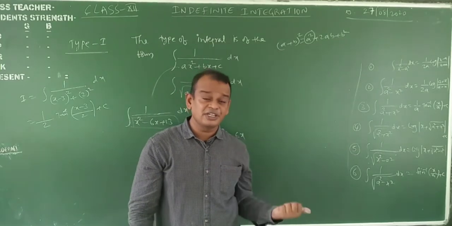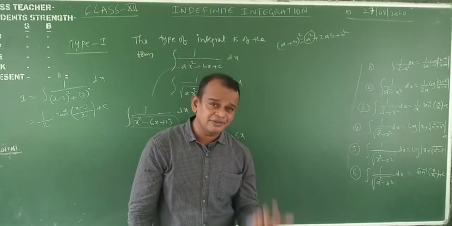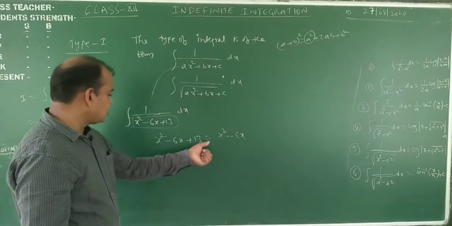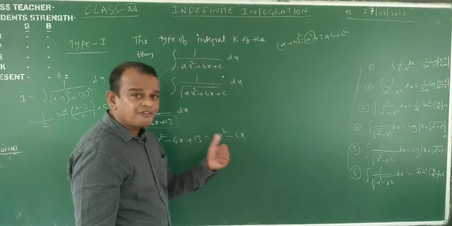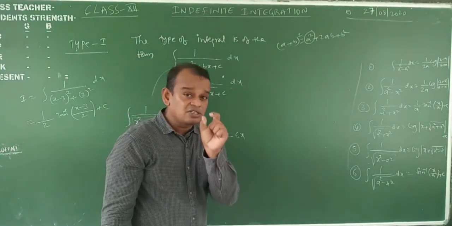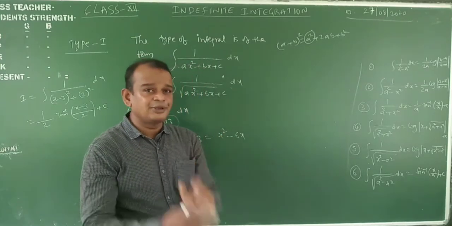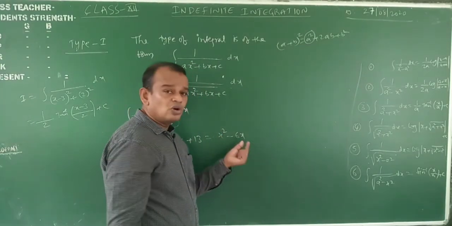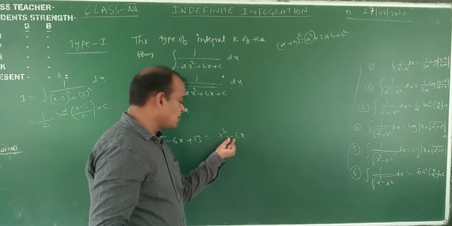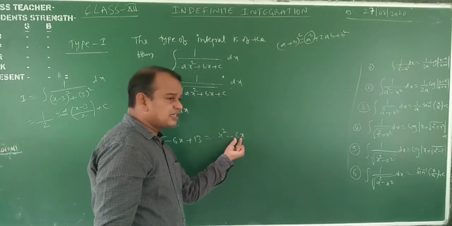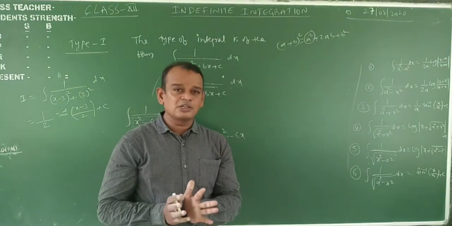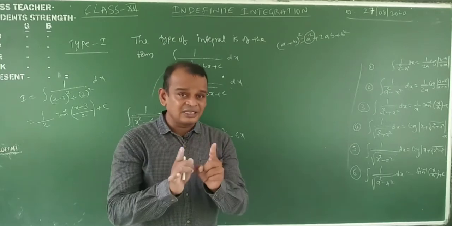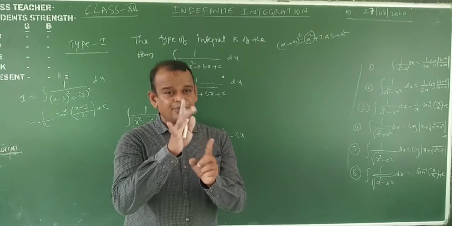If the x coefficient is 3, it is 3 by 2. If it is 7, it is 7 by 2. Here the x coefficient is 6, half means divide by 2, so 6 by 2 is 3. Squaring that 3 gives 3 square.